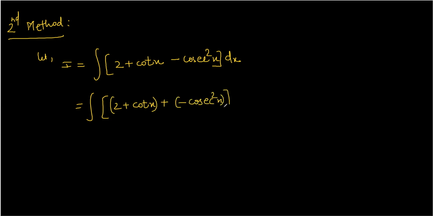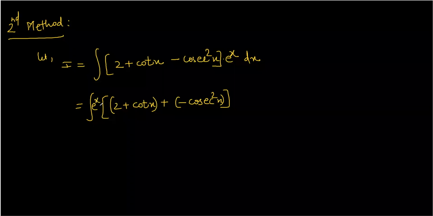So you can see how fast I can solve. I forgot to write e raised to x, so here that e raised to x is there, multiplied, and dx.